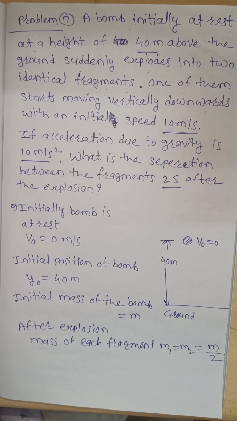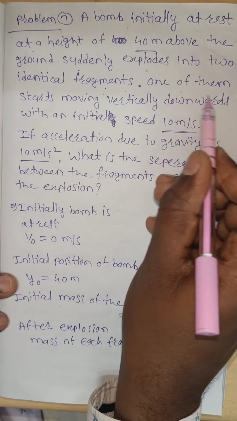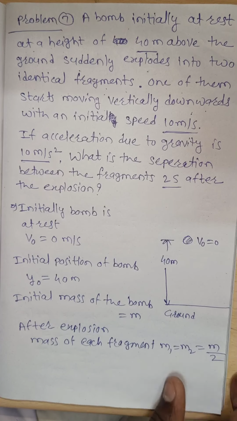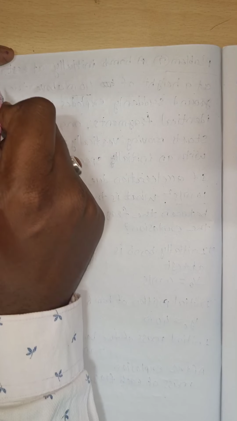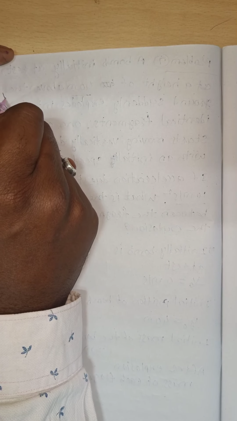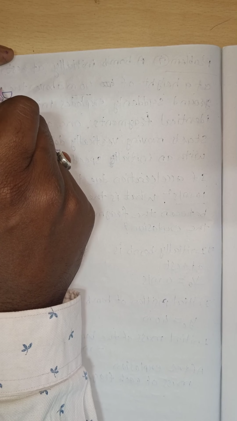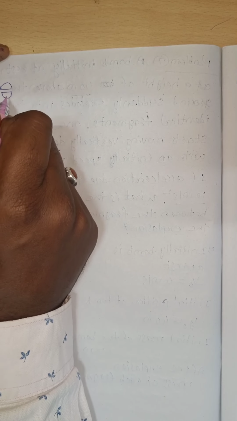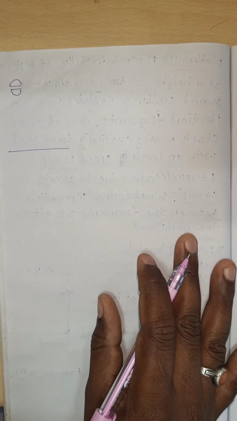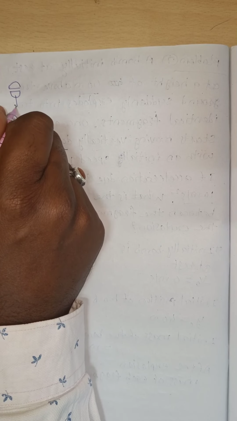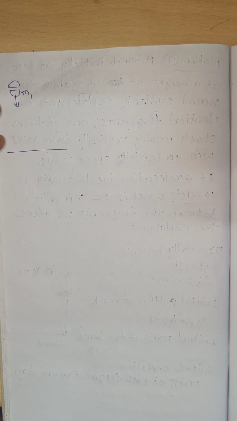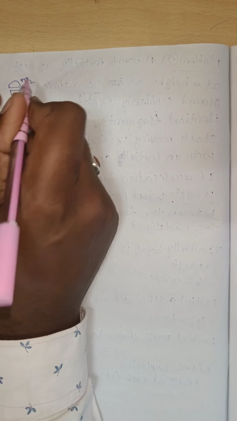Now, one of them starts moving vertically downwards. After the explosion, the bomb is converted into two fragments, each having m by 2. This one we call fragment 1 and this one fragment 2.